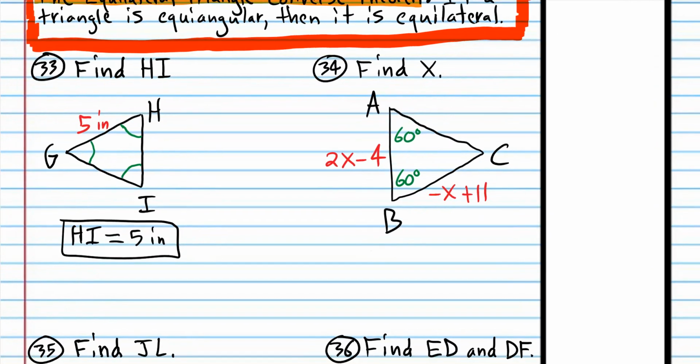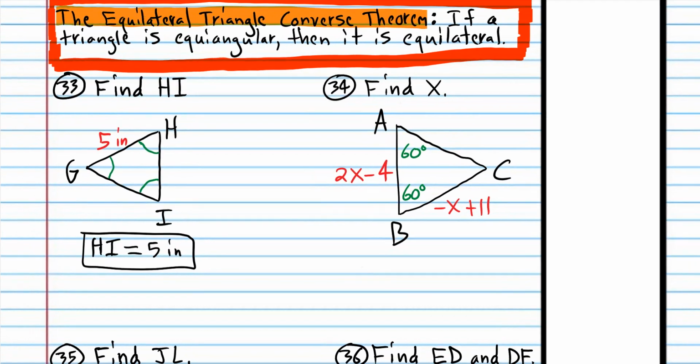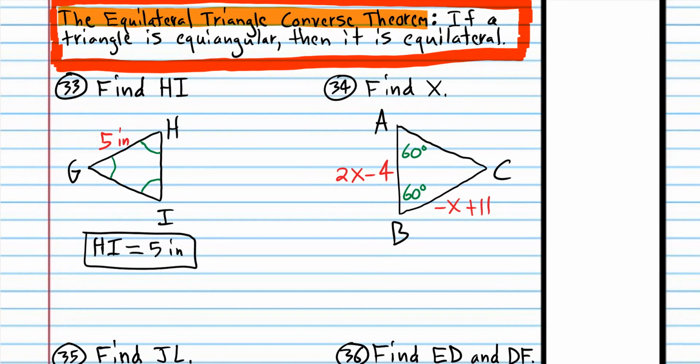For number 34, it's a little bit harder, we have two angles that are 60. Now, we have to show that it's equiangular, but we don't know all the angles. But if we know that these two angles are 60, we can use the triangle sum theorem to find that this angle is also 60.